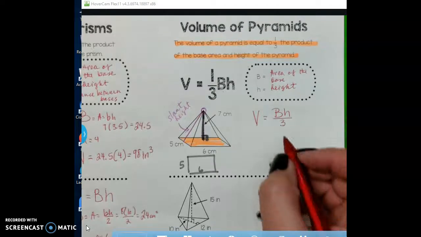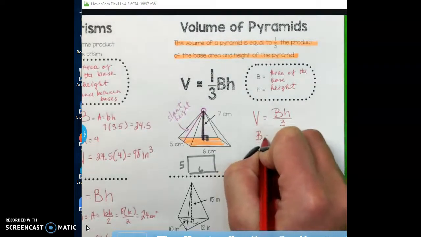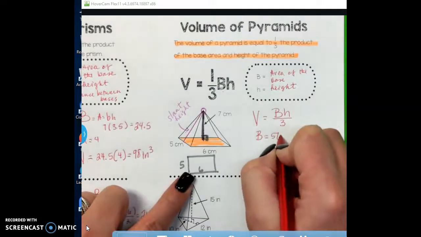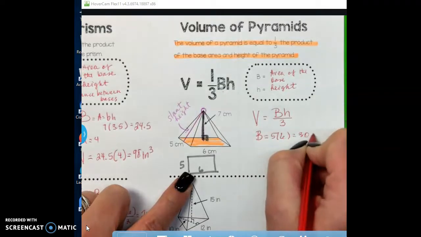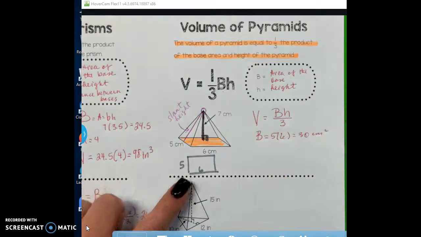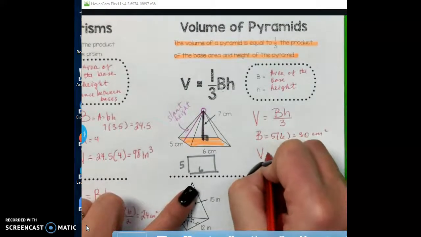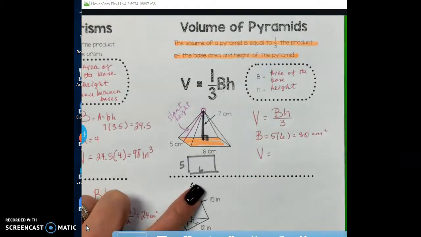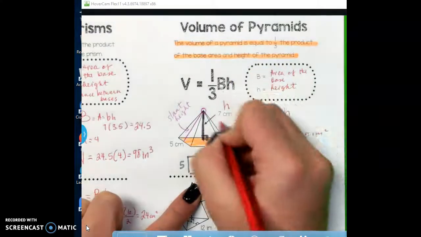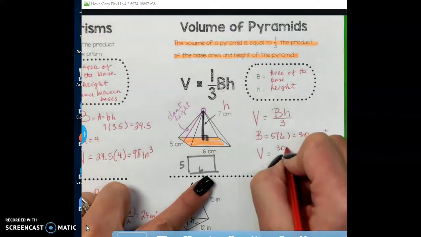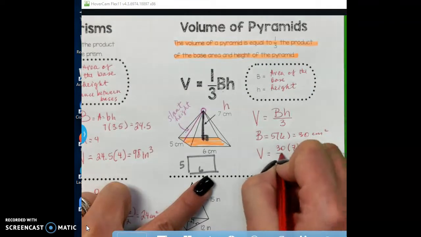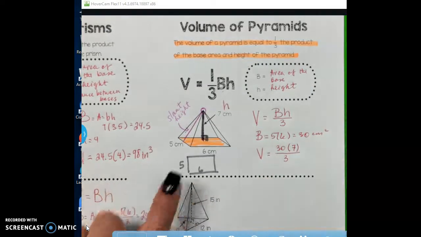All right, let's walk through this question. Area of this particular base would be 5 times 6, which gives us 30 square centimeters. And so let's set up our volume because we now have all of our values. This is our height, so we know it's 30 times 7 divided by 3.